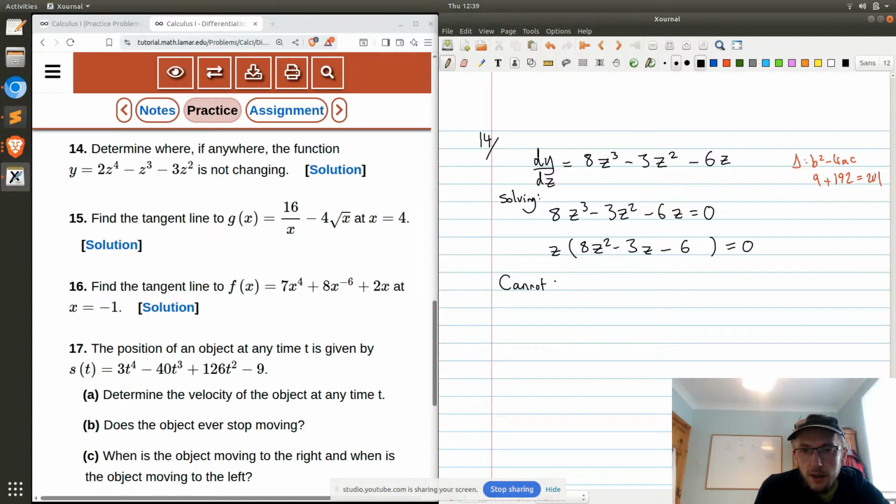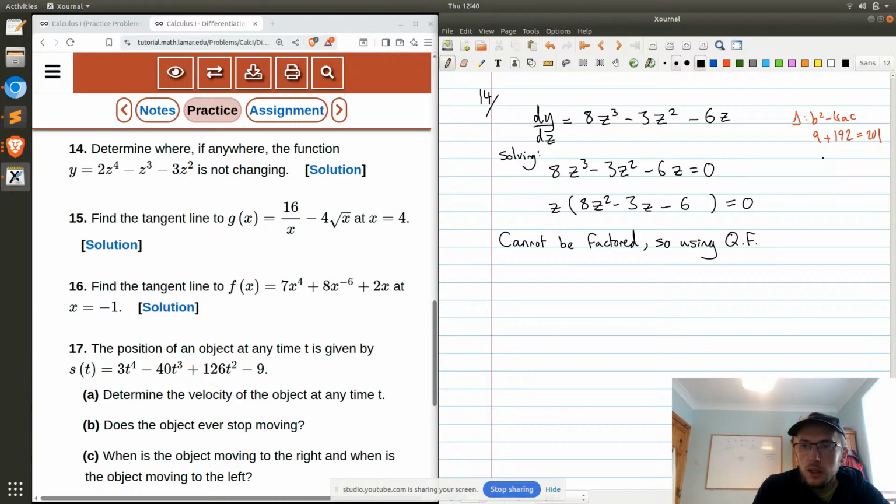Cannot be factored. So using the quadratic formula, hold on a second, 201, well, that's 3 times 67, and they're both primes. All right, so fine.